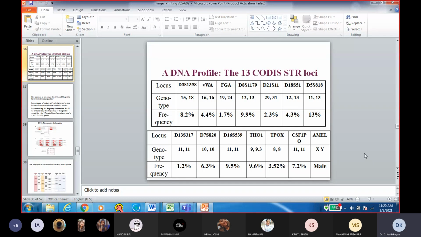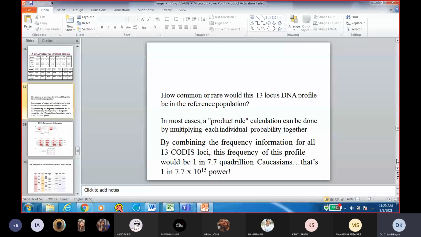So these are the loci with different frequencies, right? Some are fairly low, 1.2%, and some of them can be as high as 9.6%. So you have a mix and match of these different alleles, okay? And typically, if you look at the product rule, which is a common mathematical rule, for a person to have exactly the same genotyping at all the 13 loci is literally like 1 in 7.7 quadrillion people.